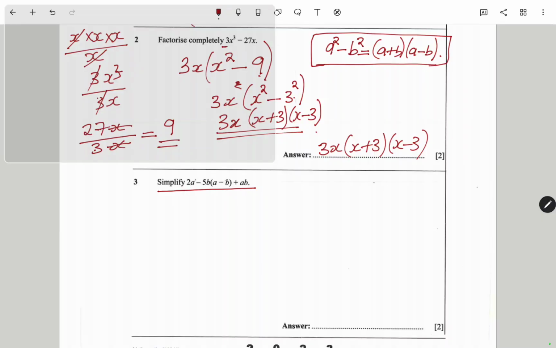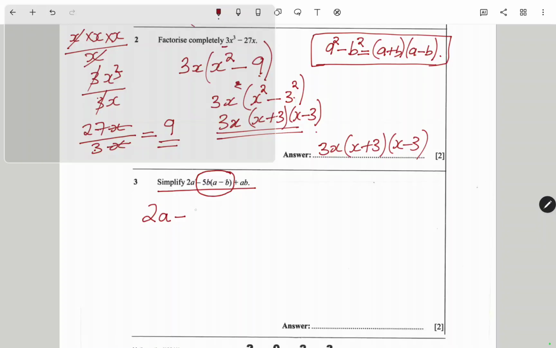So to simplify this complicated expression, we're going to first deal with what is here. So we're going to open the bracket. So I have 2a. This is negative 5b. So it will be negative 5b times a.